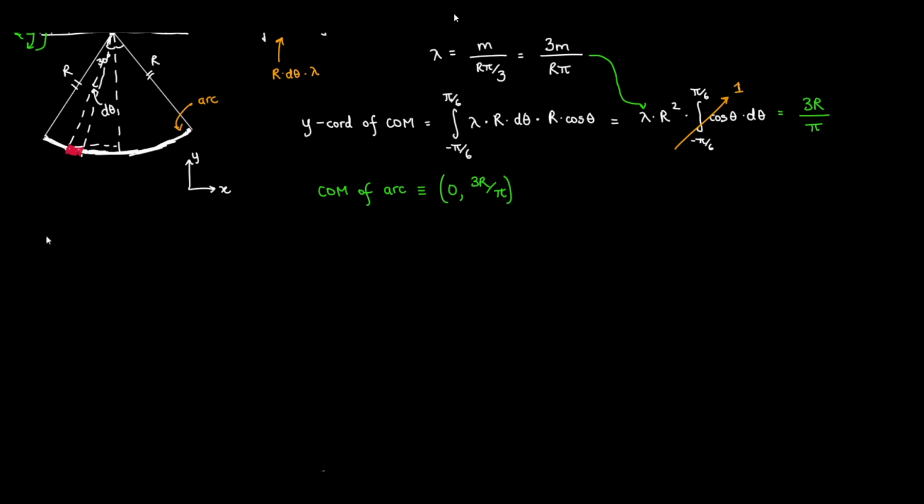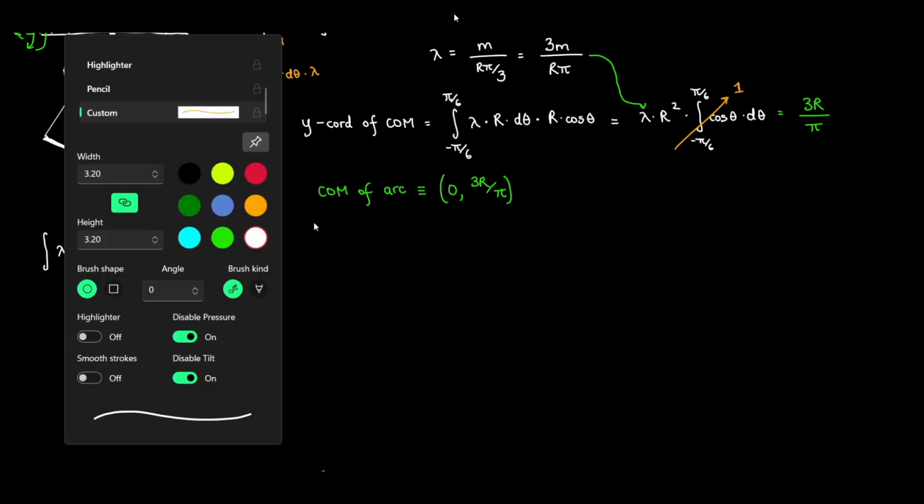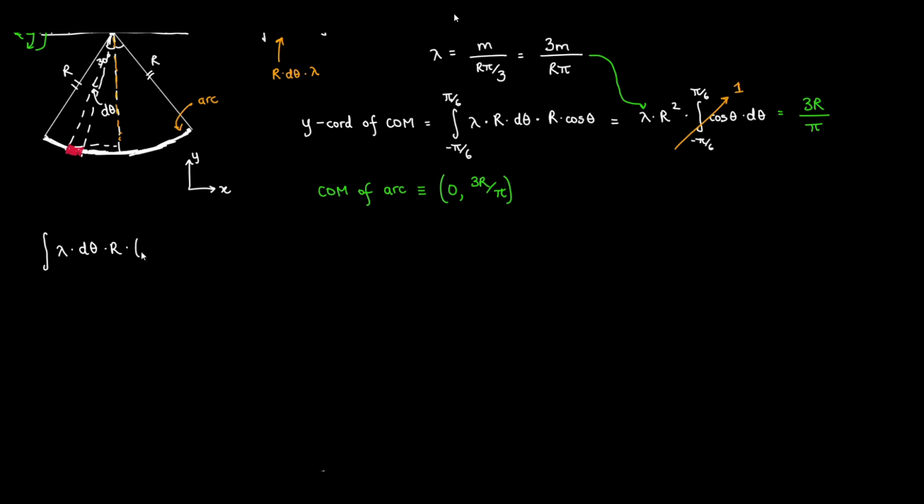We will write integral of the same elemental mass again, lambda into d theta into r. This is dm, and we will multiply it by the perpendicular distance from the axis, which is this orange line again, squared. We'll need to square it, so that will be into r cos theta squared.